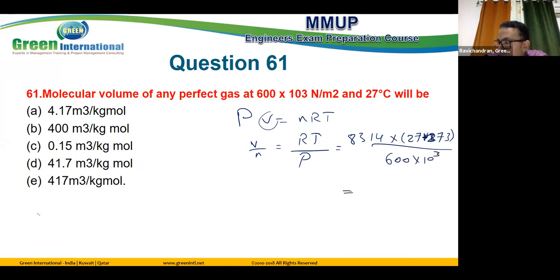So the correct answer is 4.16. So the answer is A. This is from where? This R bar, the general gas constant, 8314. Okay. This is a famous value; if you just remember 8314 in standard units.